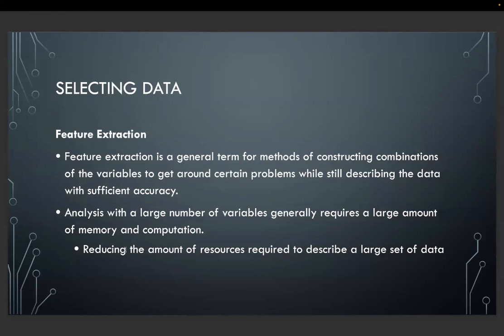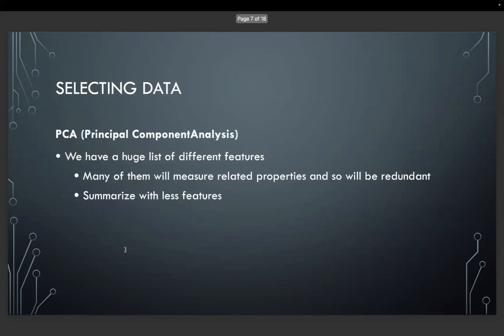Okay. So feature extraction, let it come to the forefront. You have your data. Before you work with it, you select the right columns out of it, then you proceed. Now, after selecting the right columns, there is an optional process: principal component analysis.